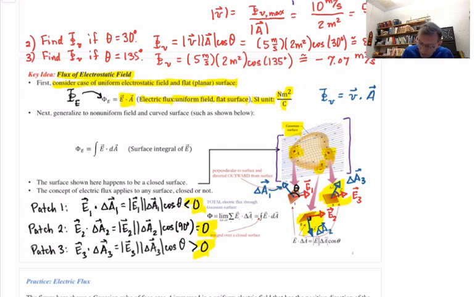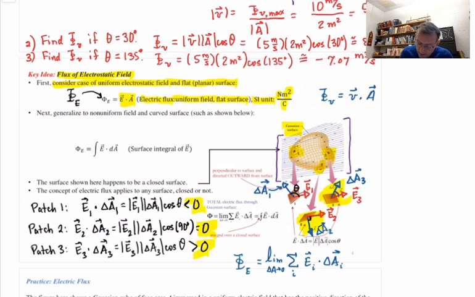So then the total electric flux is what you get when you add up over all the patches the fluxes through each one, the Ei dot delta Ai, but then you have to pass to the limit as the area of each little patch, delta A, approaches 0. The delta A's become dA's, little infinitesimal area vectors.